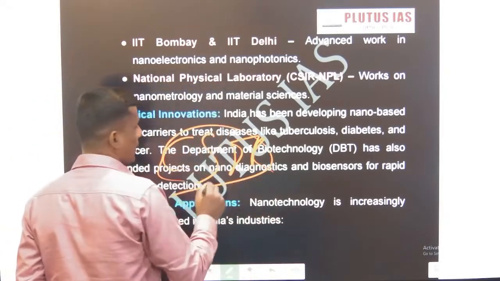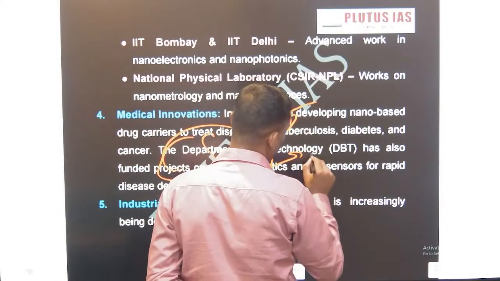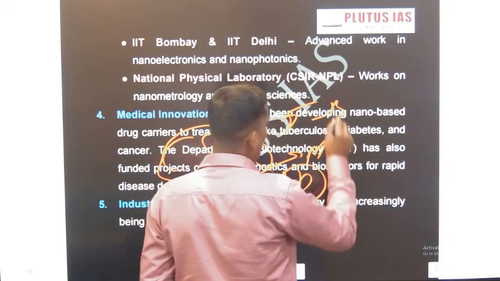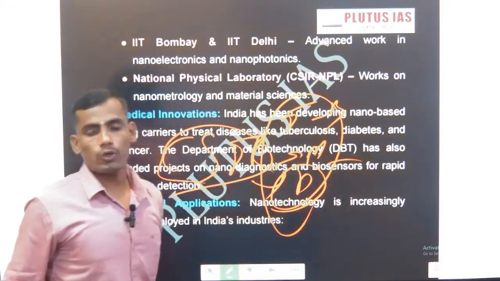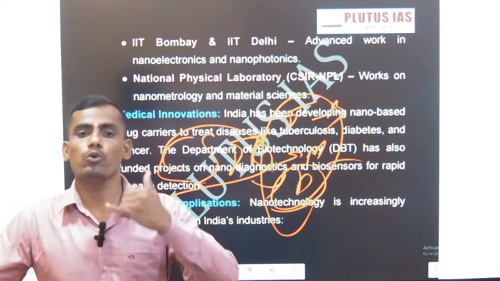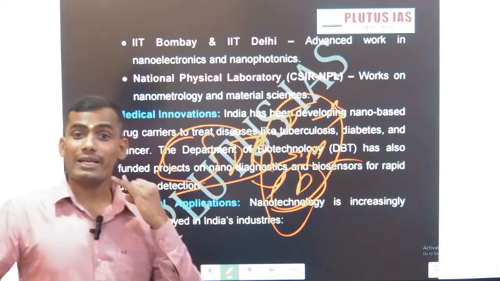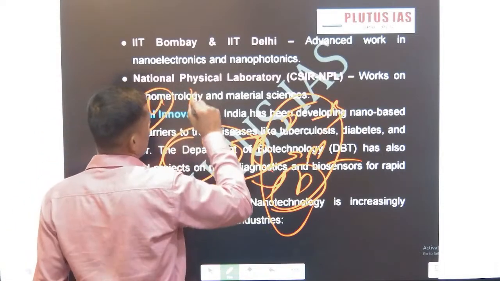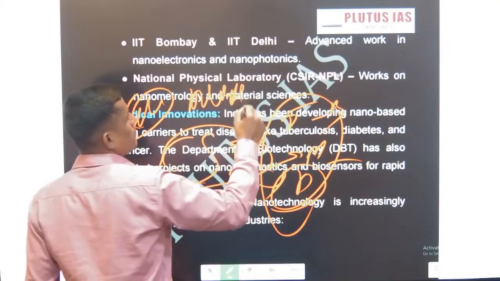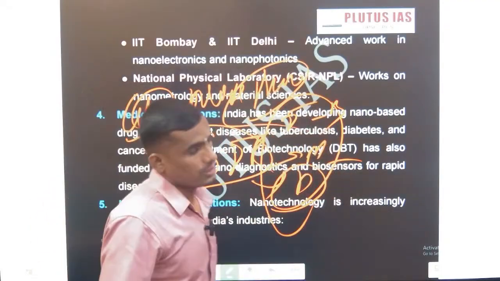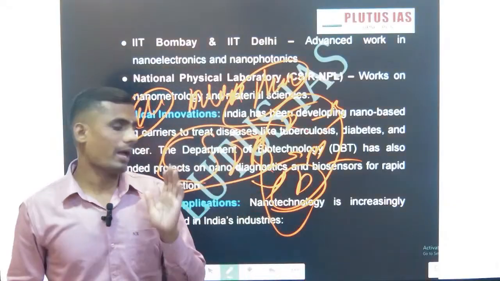along with its aligned IIT Bombay, IIT Madras, and IIT Delhi, have developed some nanotechnology devices to contain pollution, and to help even cloud seeding. If you see cloud seeding, artificial rainfall, nanotechnology finds application.